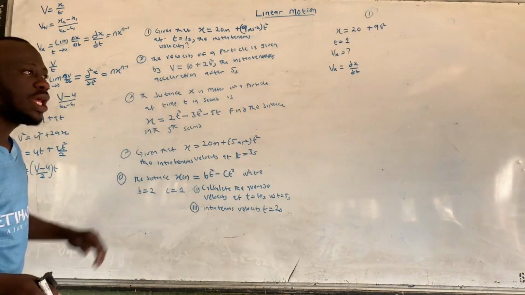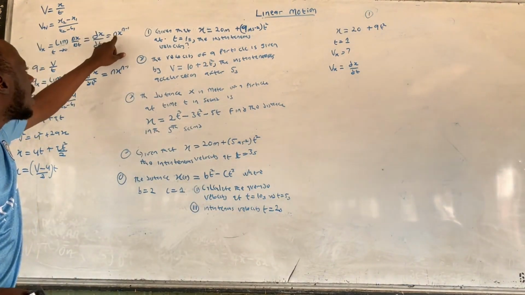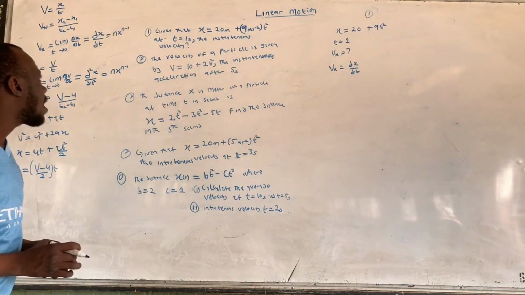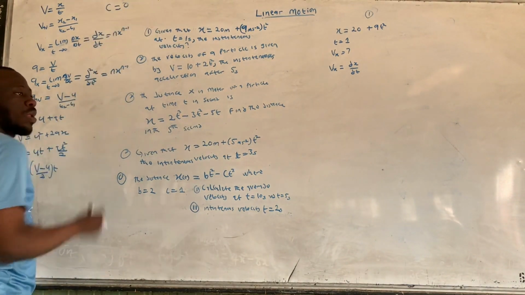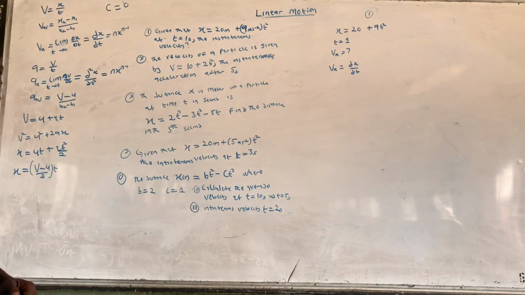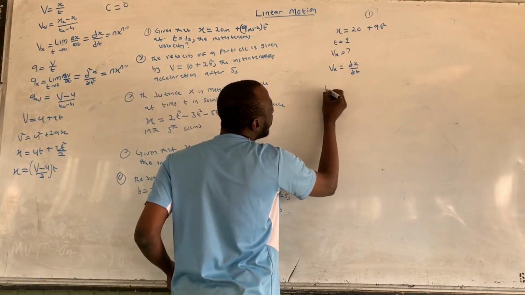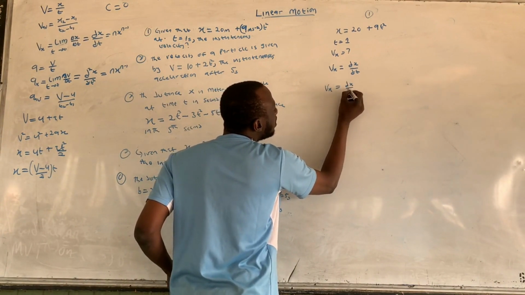And I told you that you are going to use this formula, x to the power n equals n x to the n minus 1. Remember that I told you wherever you see a constant, it equals 0. So now, here it says Vx equals dx over dt.